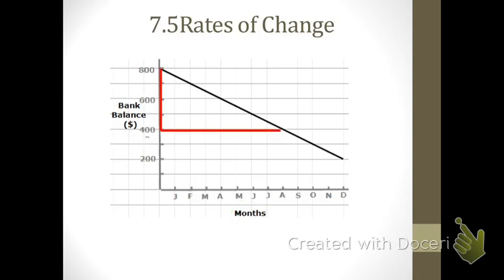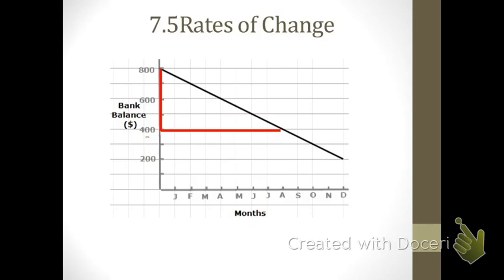I'm going to try to find the average rate of change for this particular bank account. You'll notice that this balance has a linear function to model the balance over time. That's not common, but it works right here.